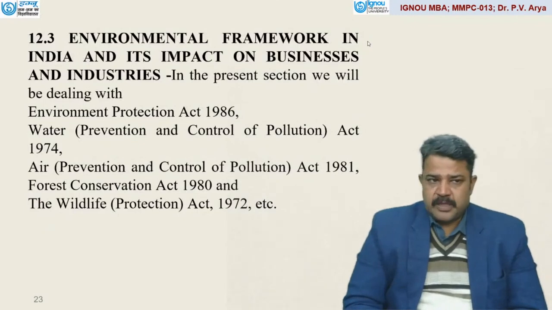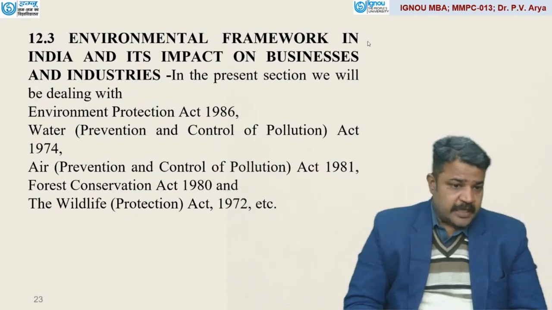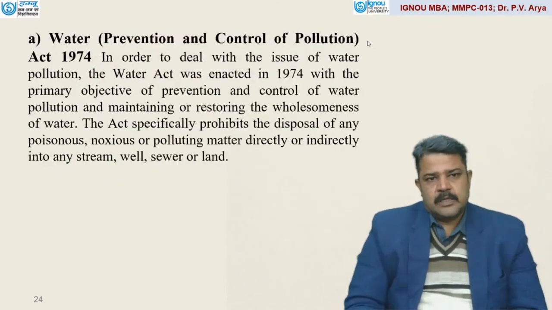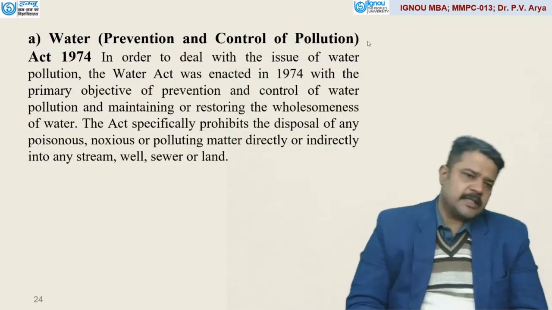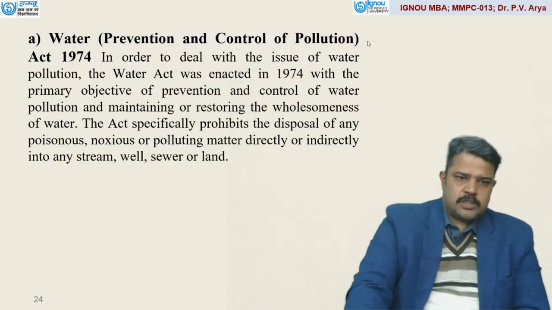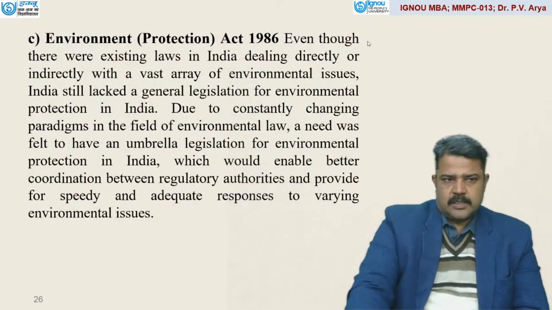Well, the environmental framework in India and its impact on business and industries. There is the Environmental Protection Act, the Water, Air, and Forest and Wildlife Protection Acts, which seem to affect business.